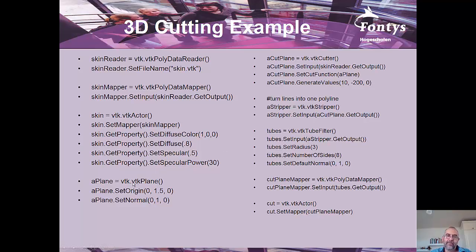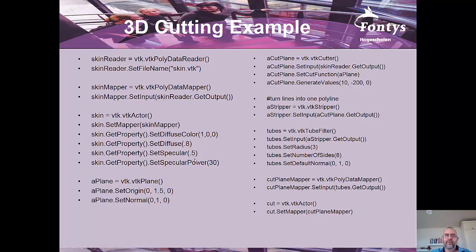So this implicit function, VTK plane, we take all the surfaces in the volume where this function VTK plane has a value 0, that's the first one. And then since we make 10 cuts in a range from -200 to 0, the next one will probably be -20, and then -40, -60, and so on.